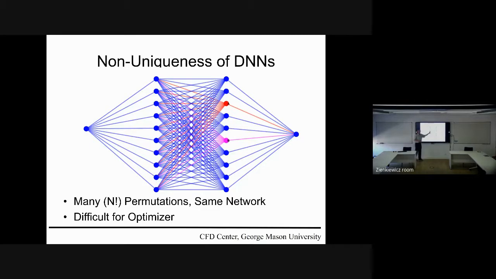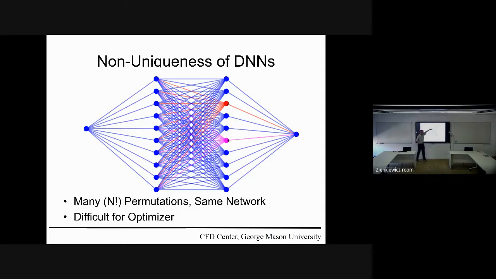Simple neural net, fast forward. If you switch this by this, and you switch the weights accordingly, it's the same neural net. For any input that you put in here, you're going to get the same output there. So if you now think about the optimizer trying to get all of these weights to an optimum for your training data set, how many optima are there of this solution?